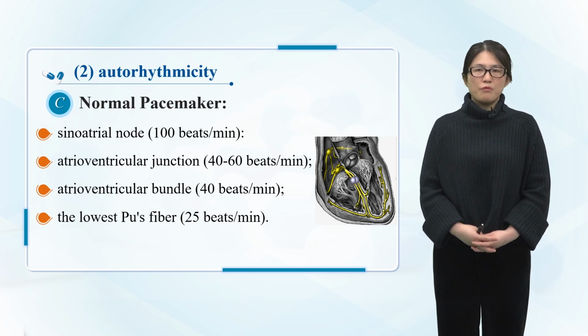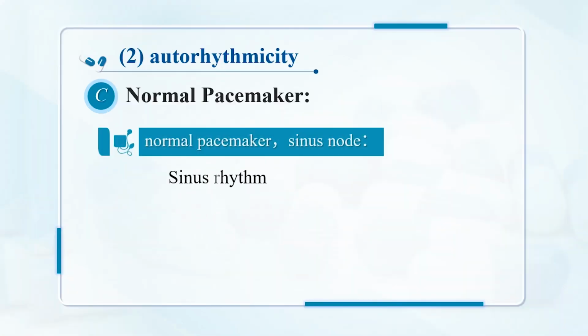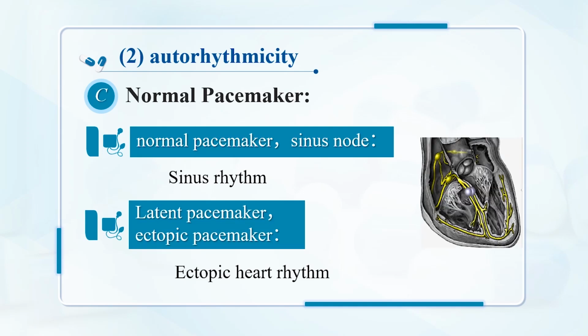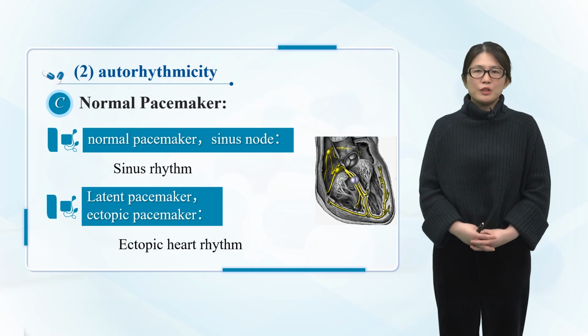The heart rhythm formed by the pacing of the sinus node is called sinus rhythm. Under normal circumstances, other autorhythmic tissues only perform excitation conduction and do not show their own rhythm.